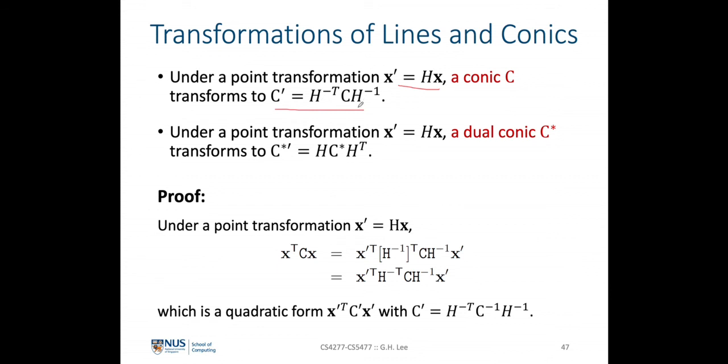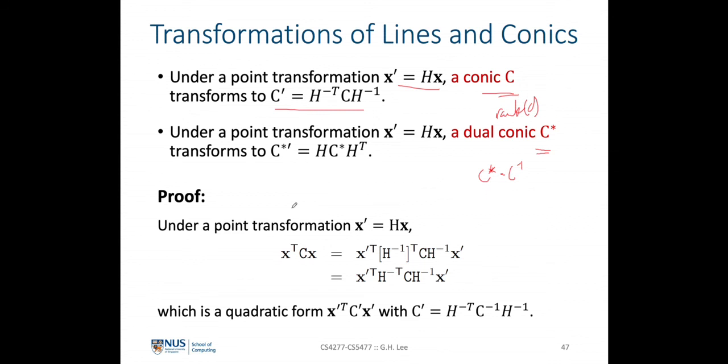And under the projective transformation x prime equals Hx, a dual conic C star will transform to C star prime equals H C star multiplied by H transpose. It is important to note that in this case C star would be equal to the inverse of C, where C has full rank. This means that we are looking at conics which are not degenerate.